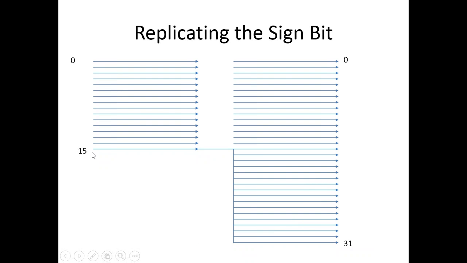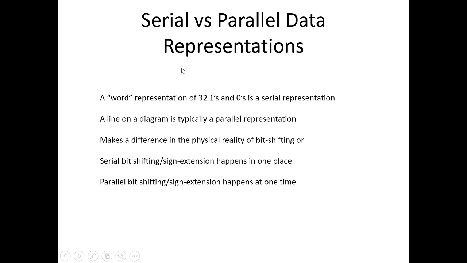You take whatever is in the sign bit position and replicate it. So you can literally put 16 wires here and connect the last one, or the first, depending on your bit order, and extend it out to these other 16. Now we have 32 bits that were extended from 16.